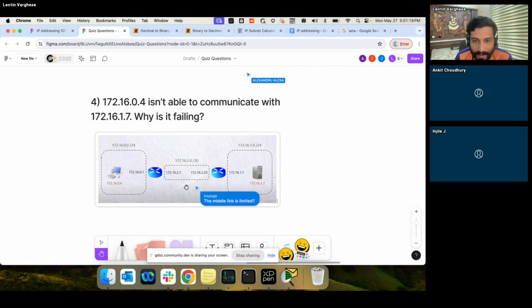The middle link is limited. Could you elaborate a bit more?